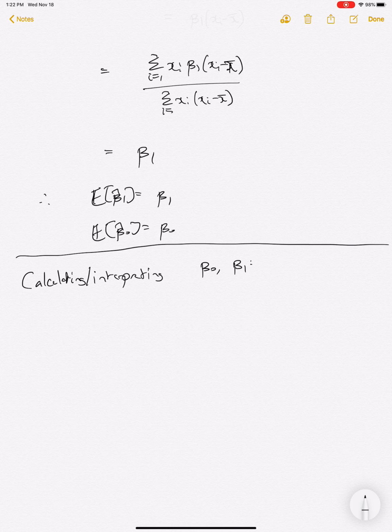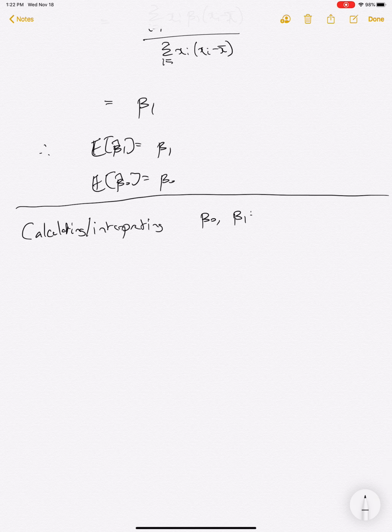So we have that beta hat 1 here is the sum.